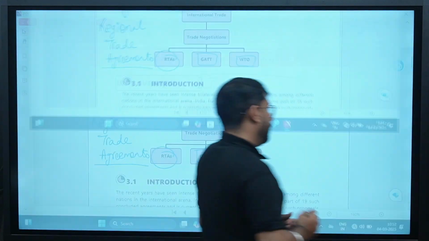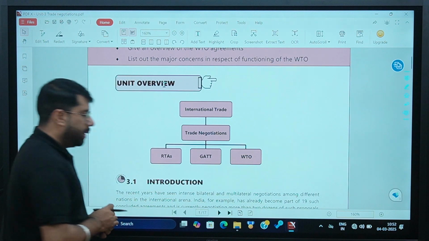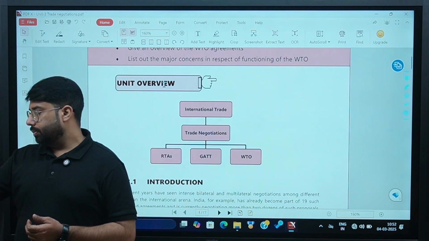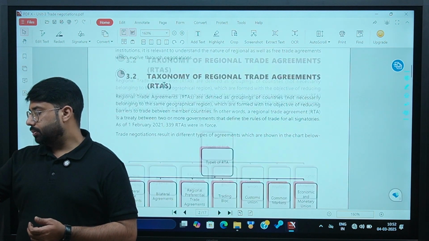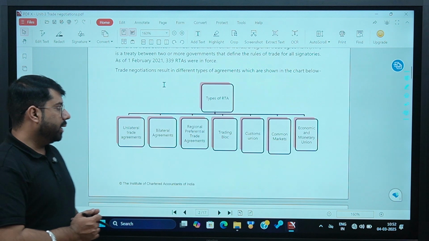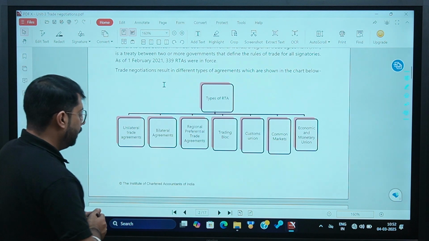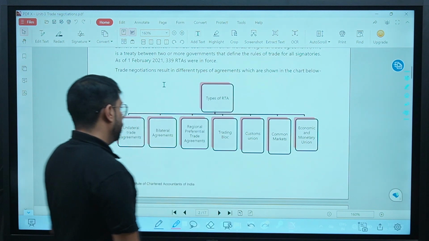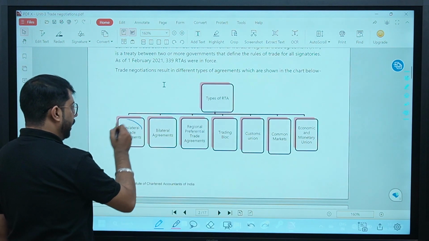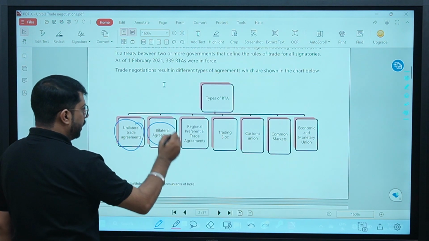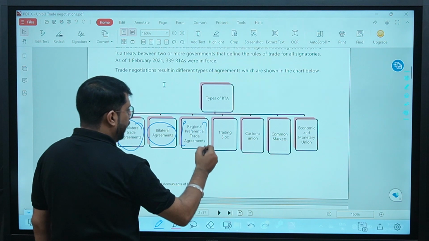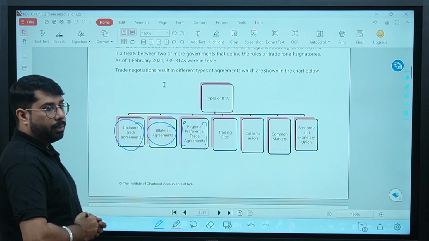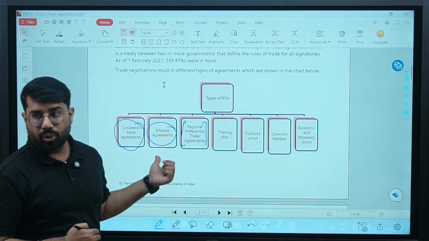Now, there are different types of RTAs we have to study, people. These are the RTAs we'll study, somewhere around seven or eight RTAs are there. First is unilateral trade agreement, bilateral agreements, RPTA, that is regional preferential trade agreements. If you remember, we have done this part before also.